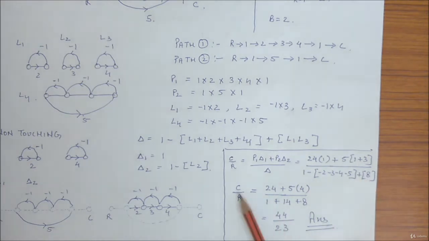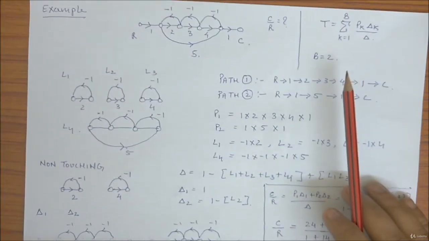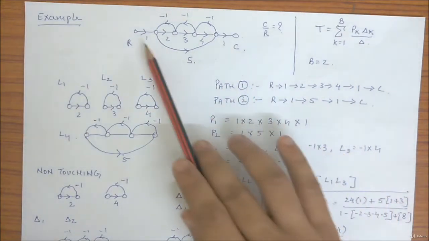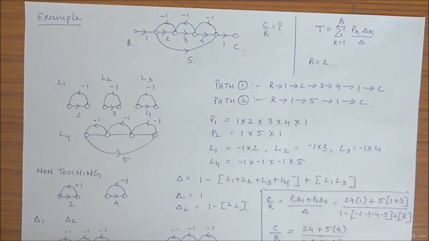So you can see here C by R is given as 24 into 4 plus 5 divided by 1 plus 14 plus 8, that is equal to 44 divided by 23. This is my answer. This is my transfer function C by R for this signal flow graph.